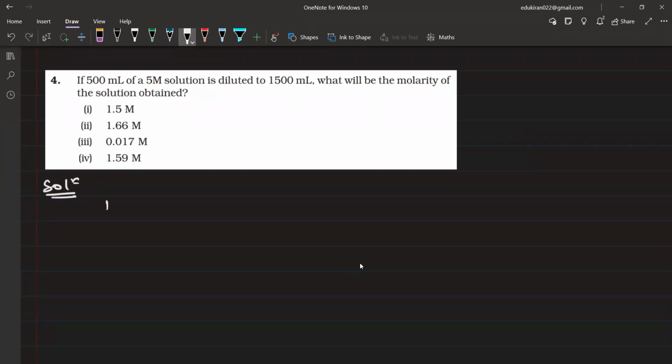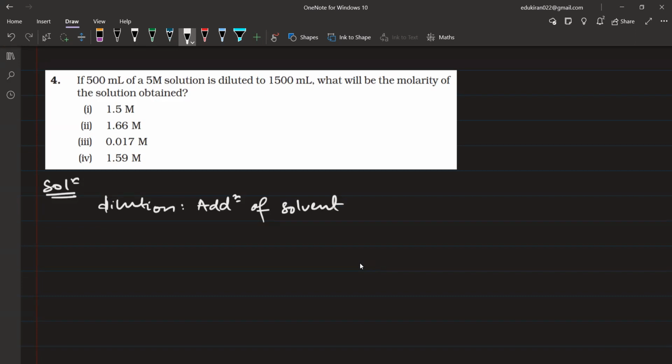Whenever we dilute, what does dilution mean? Addition of solvent or solute? Will we add water or something else? Tell me guys. Addition of solvent.